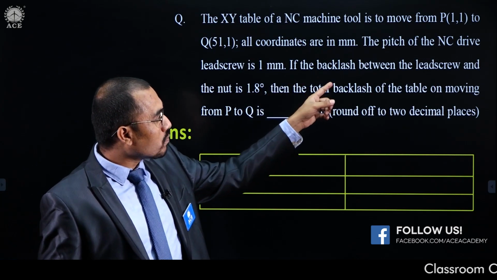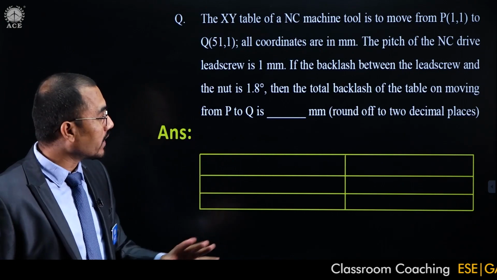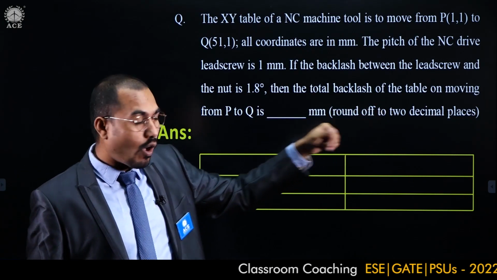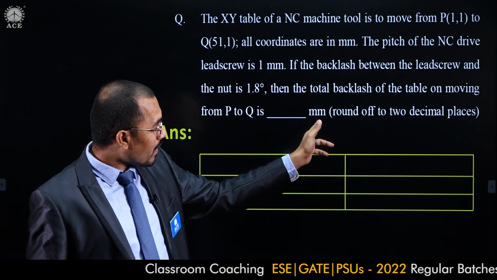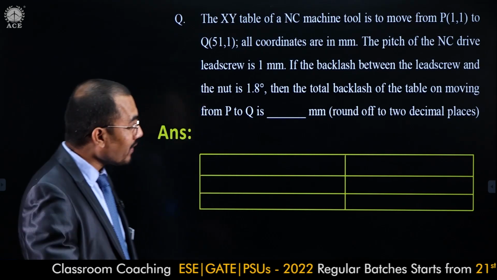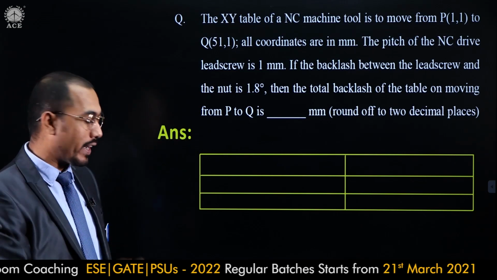If the backlash between the lead screw and the nut is 1.8 degree, then the total backlash of the table on moving from point P to Q is ___ mm, rounded up to 2 decimal places. Whatever data is given in the question paper, we have to write down.